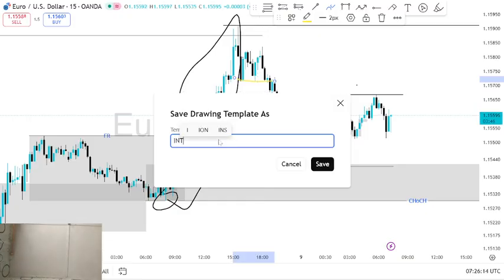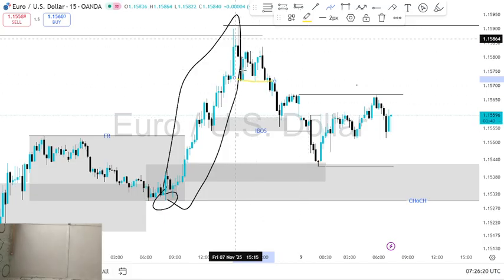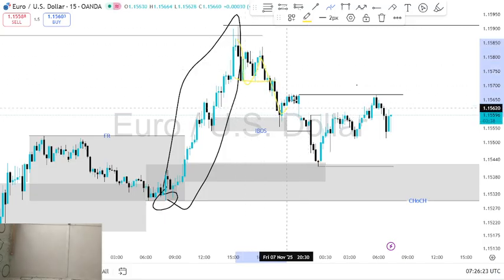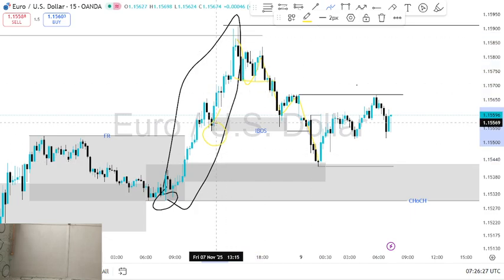Let me use yellow as internal. So you can see how this big move here. Here is the internal low.